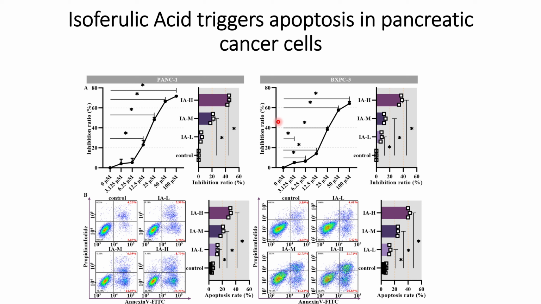And once the indirect measurement of apoptosis gave a positive indication, they wanted to check the apoptosis using the TUNEL assay. They used propidium iodide and annexin V with FITC conjugation, and what they were able to see is that when the treatment with isoferulic acid was done at a lower level compared to the control, they see a low increase in the cells that are annexin positive and propidium iodide negative, and annexin positive and propidium iodide positive.